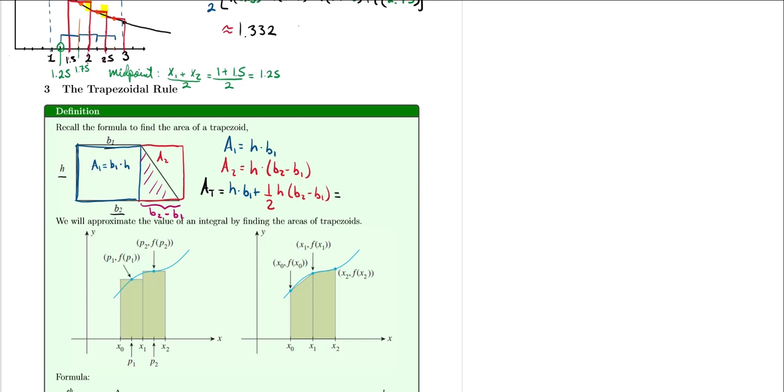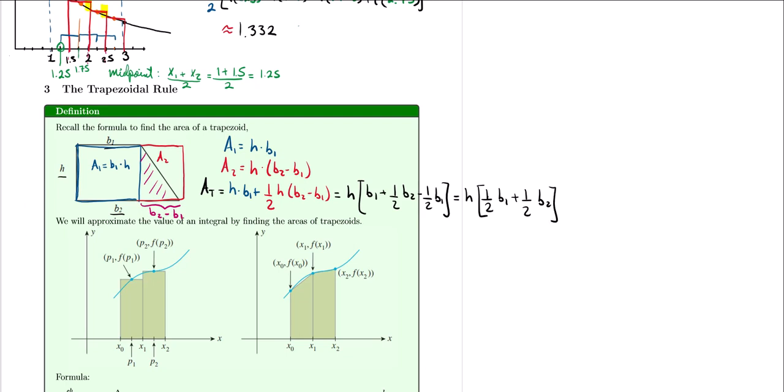Now I'll simplify this by factoring out an h. So I'll put the h outside. So we're going to have here h. Then what are we going to have? Well, we're going to have b1 plus 1/2 b2 minus 1/2 b1. So this one here is going to give us h times, well, we have now b1 minus 1/2 b1, so that's 1/2 b1 plus 1/2 b2.